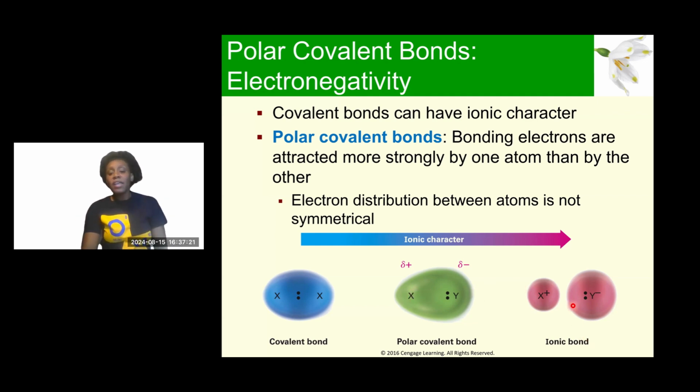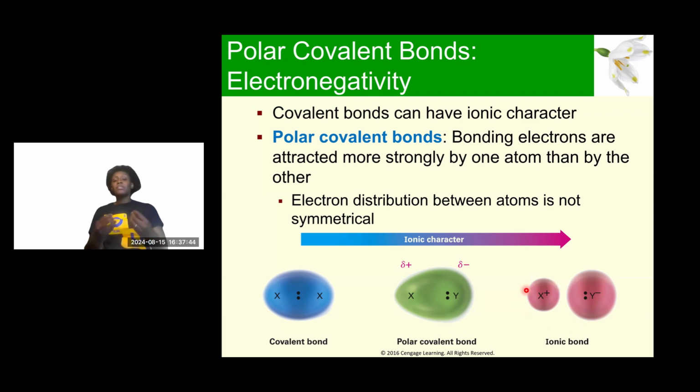Now, when you have ionic bonds, we know that the electrons are completely taken by one of the atoms, leaving the other atom electron poor. And so right here you see that it's very similar, okay? So polar covalent bonding is very similar to ionic bonding.